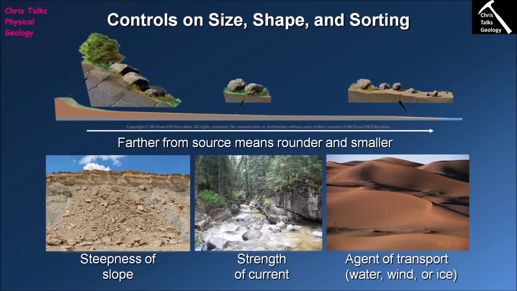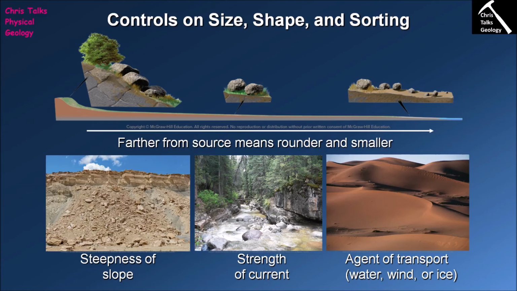Typically, the steeper the gradient, so the steeper the slope, the stronger your flow will be. So think of a river going down a very, very steep slope. It's going to be moving very, very quickly. This means the water is going to be very energetic. That means the clasts which are being transported by this water are going to be in constant motion, which means they're going to constantly be banging into each other.